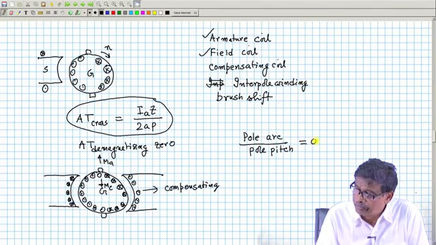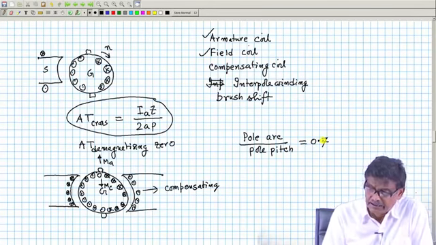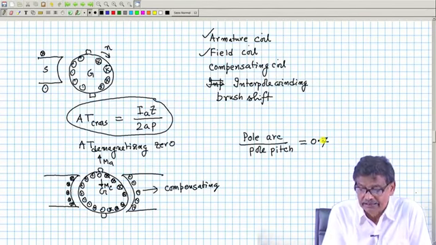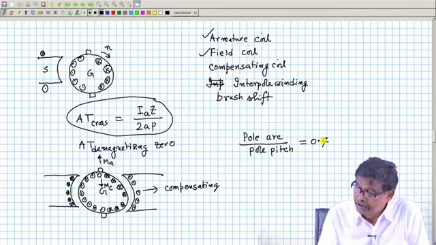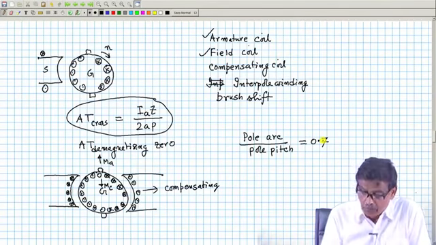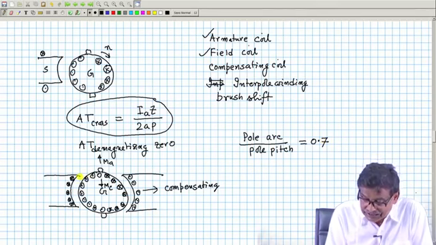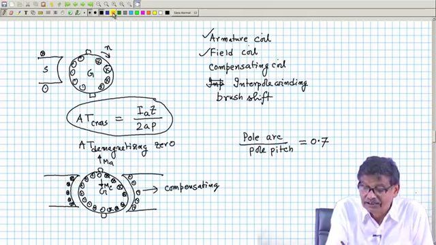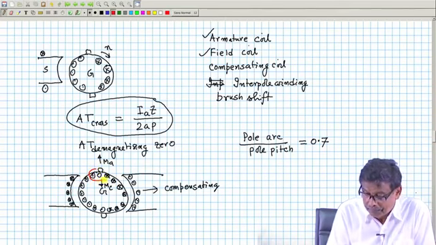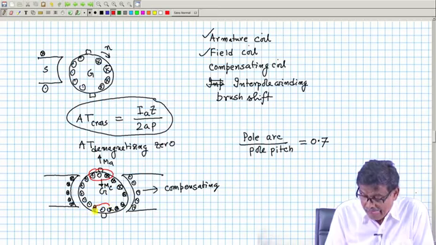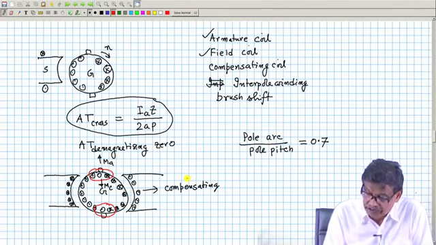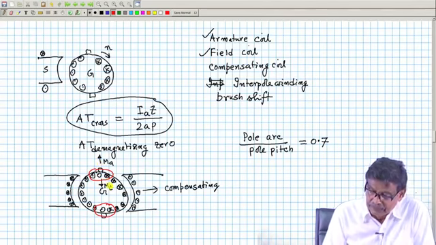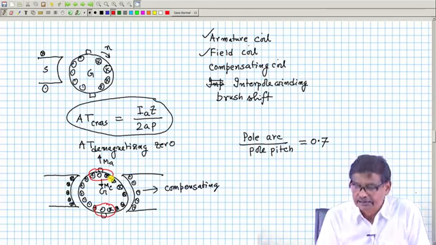Suppose this ratio is 0.7, then I will say okay, of the total cross magnetizing ampere turns per pole, 70% can be compensated by the compensating coil, because in the vicinity these dot currents will be there. The group of coils which are outside the purview of this 0.7 will not be compensated. Is that not so? That is the idea.